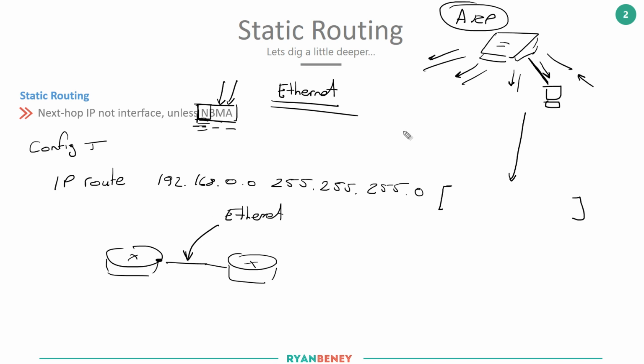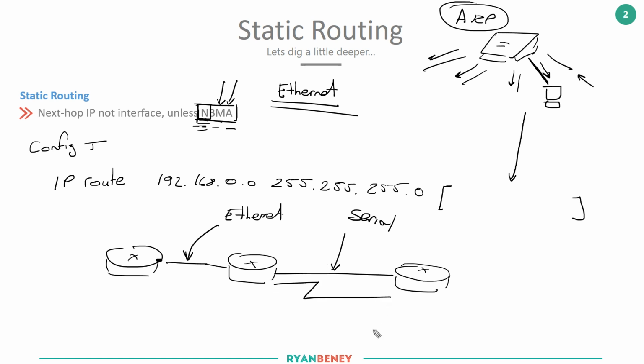So because of that, it still does the ARP process if needed, and it still treats it as a broadcast segment. But if we had another link across to a router, and this link was a serial link, and for those who don't know, serial links are represented normally via lightning bolts, then we can consider this a point-to-point, both physically and logically.